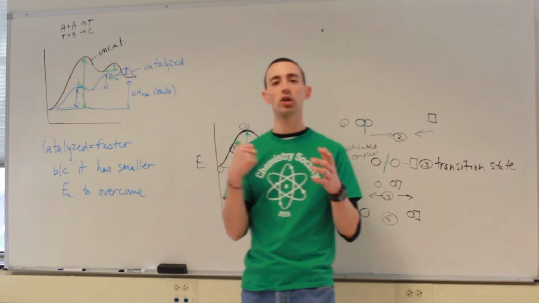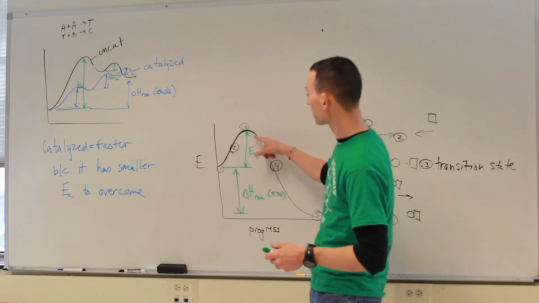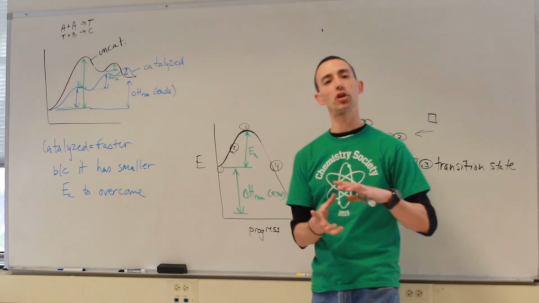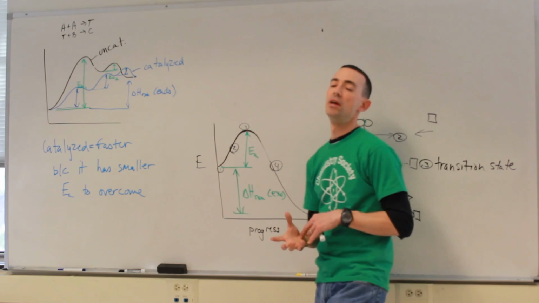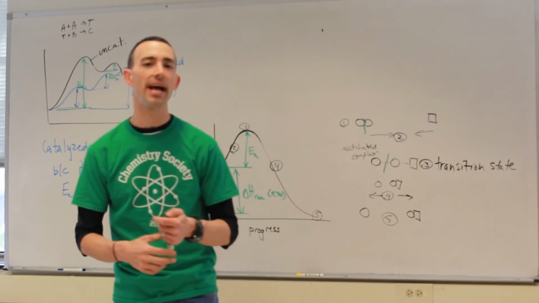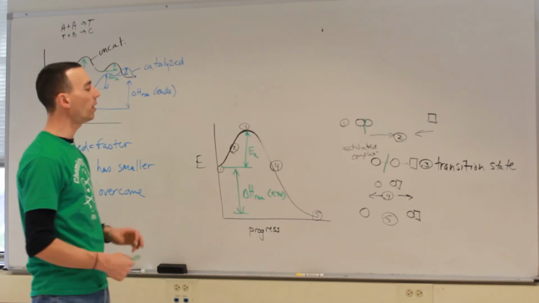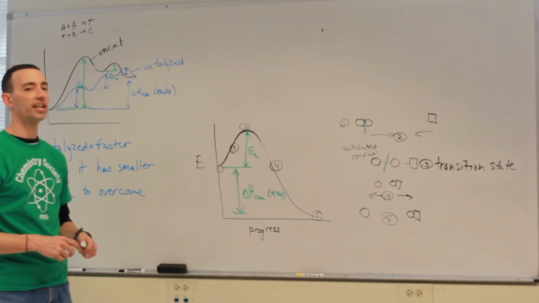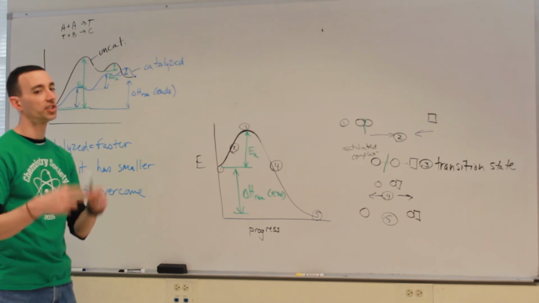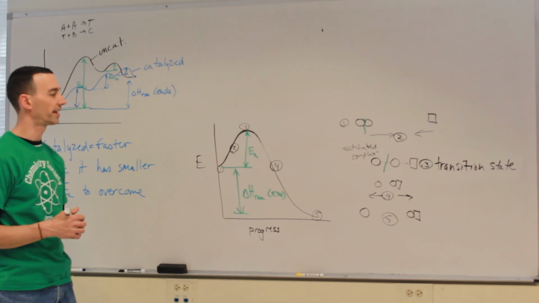We need them to occur with enough energy to get over these potential energy barriers. We also need them to occur in the right orientation. And we can figure out the rate constant, or how fast a reaction is going to be, if we know something about these activation energies and the frequency factor. So how often a collision is likely to occur in the correct orientation.